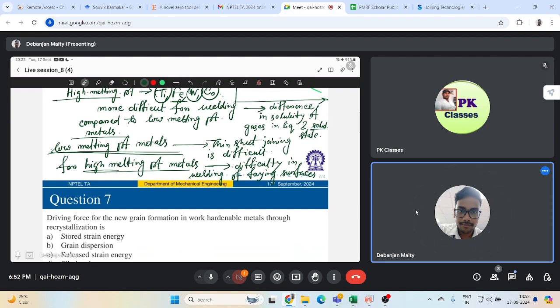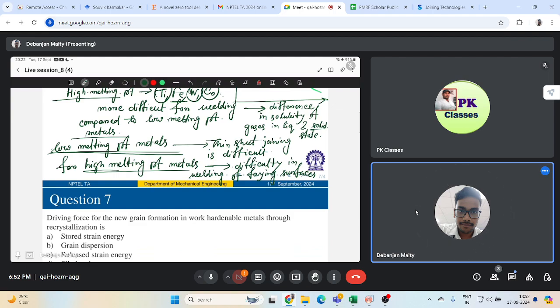So, if your metal has a high melting temperature, that will also inherently give you a higher yield strength and reduced ductility, right? So the hardness of that metal will be much higher than aluminum or magnesium or other low melting point metals. In solid state welding, if the melting temperature of your metal is much higher, that means the yield strength is much higher.